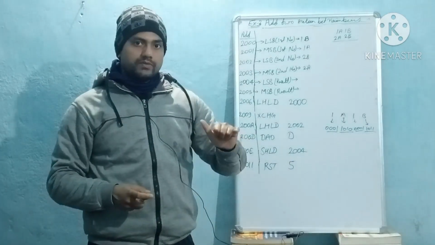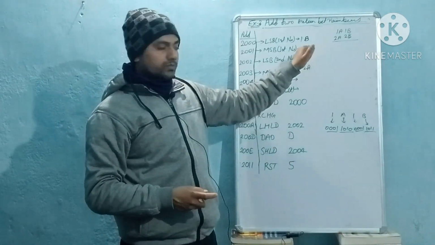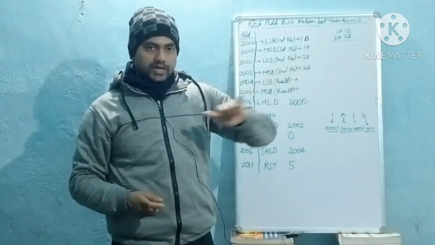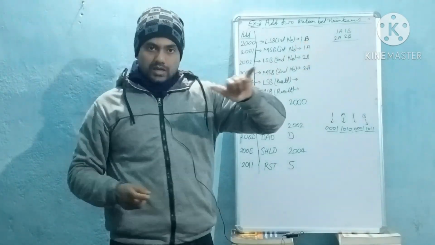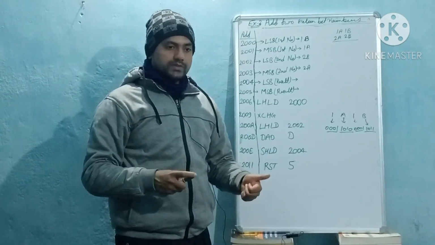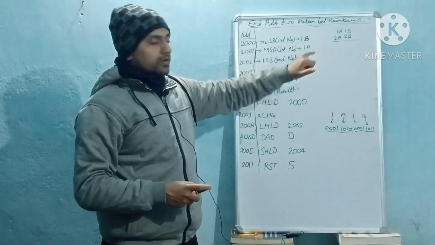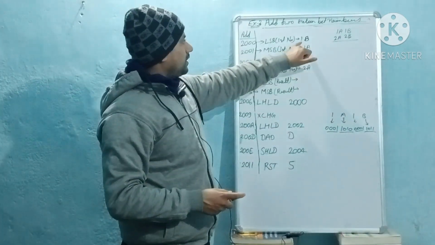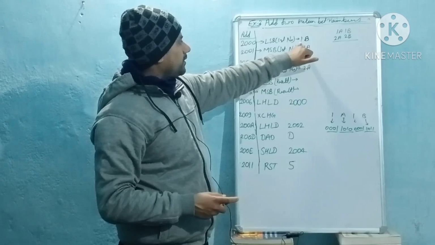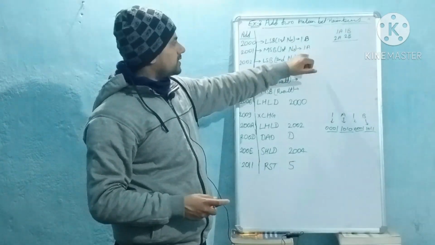So 1B will take one memory location, and this 1A will also take 8 bits, means one memory location. One memory location here is of 8 bits. So this one will take one memory location, this another 1A will take one memory location.